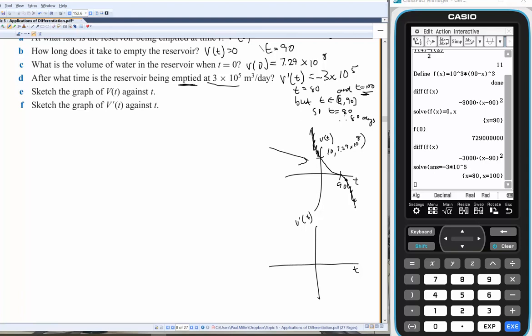So 0 gradient is going to be there, because that's a stationary point of inflection at 90. And what function was the original? It was cubic, right? So that means that the derivative function is going to be a parabola. Now, what we've got here is a negative gradient here. So essentially it's going to come up.